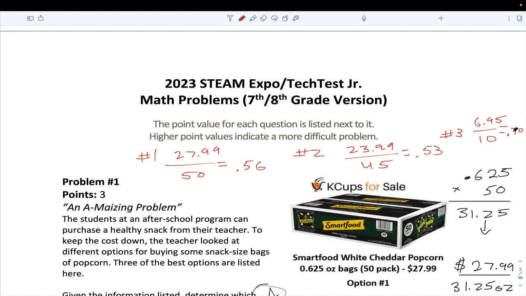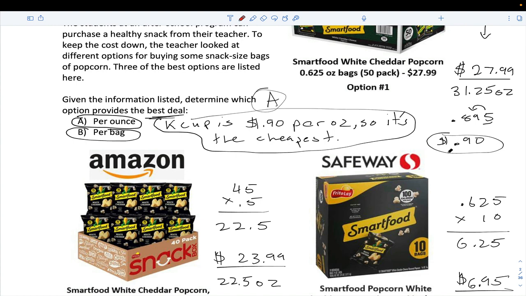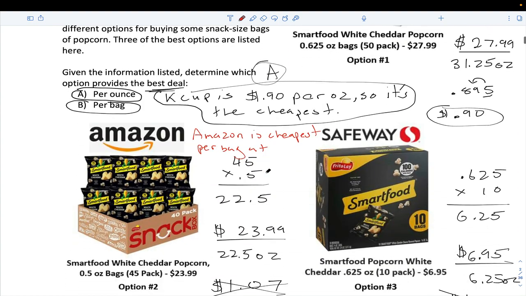That is not the cheapest. So our cheapest one is going to be option 2, and we can put that Amazon is cheapest per bag, at 53 cents.